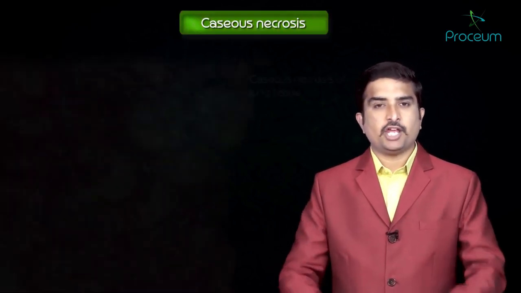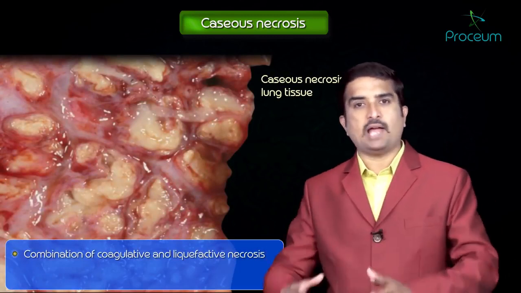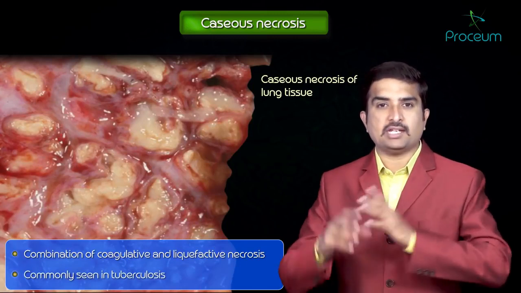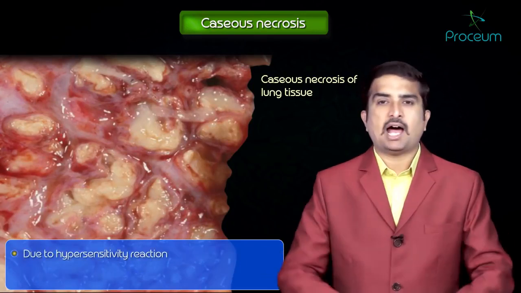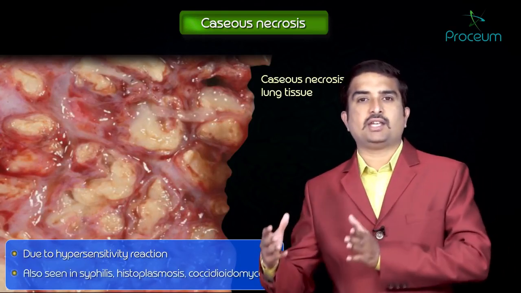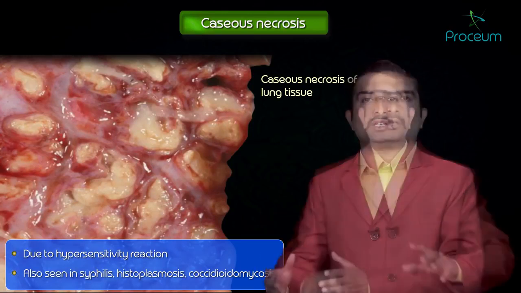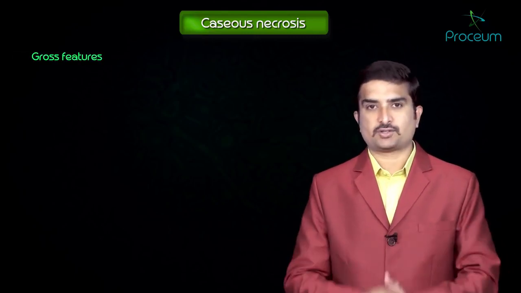And the third type of necrosis is caseous necrosis. Caseous necrosis is a combination of coagulative and liquefactive necrosis. It is most commonly encountered in tuberculosis, mainly due to hypersensitivity reaction, but it is also seen in conditions like syphilis, histoplasmosis, and coccidioidomycosis. What about gross features?